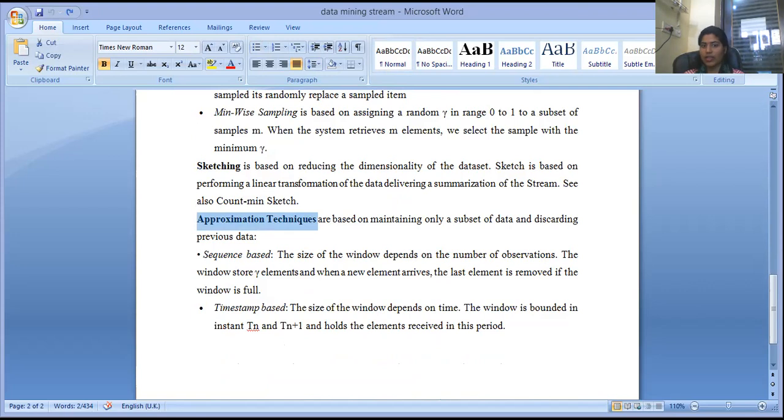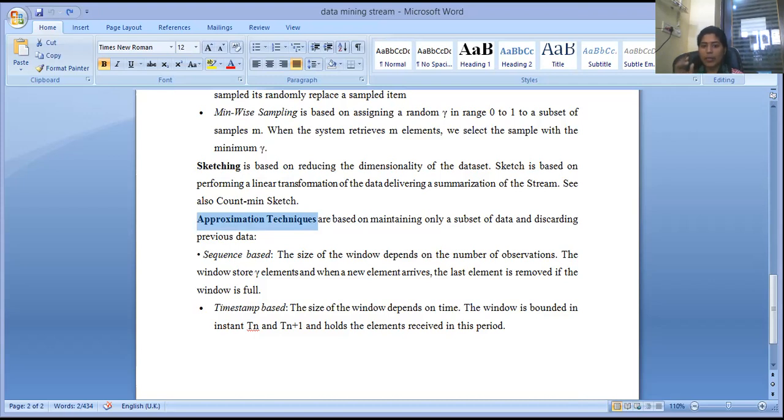If we talk about this, sequence based means the size of the window depends on the number of observations, and the window stores gamma elements. When a new element arrives, the last element is removed from that place. And timestamp based depends on time: you are given a limited amount of time, and within that time you analyze the data from the massive amount of data, and the window is bounded in the instant Tn.